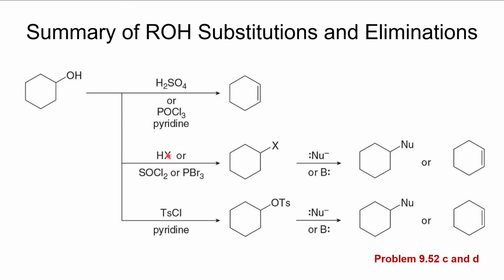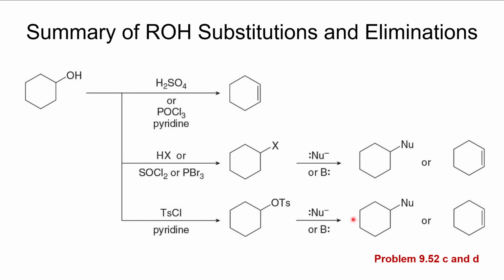We've got different options for substitution, so we can form the alkyl halides, and then with that alkyl halide we can use a nucleophile, or we could use the toluene sulfonyl chloride to form the tosylate, and then do substitution. And if we do inversion twice, we will end up getting the original stereochemistry back. If we do retention and inversion, we will get a different stereochemistry. So there are some cool things that we can do there.